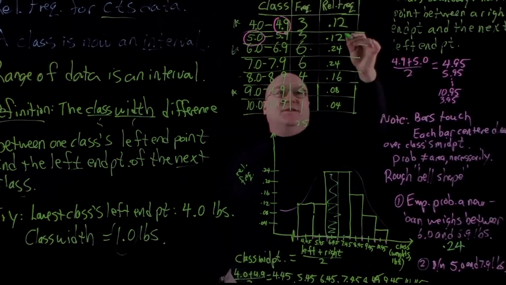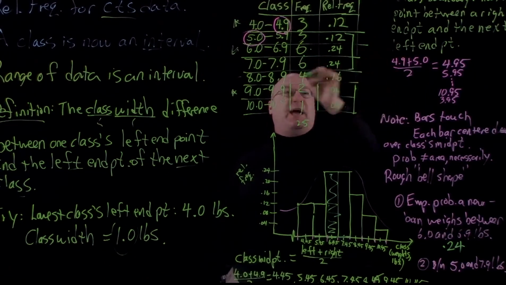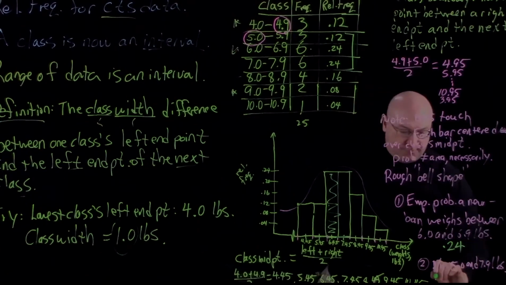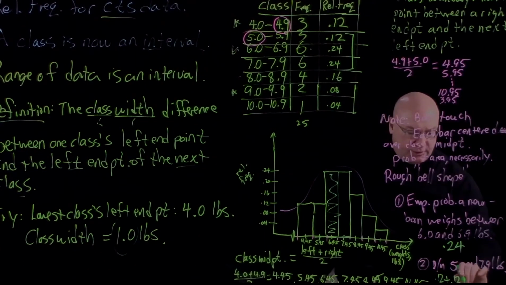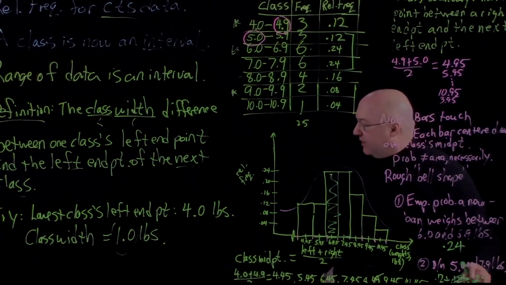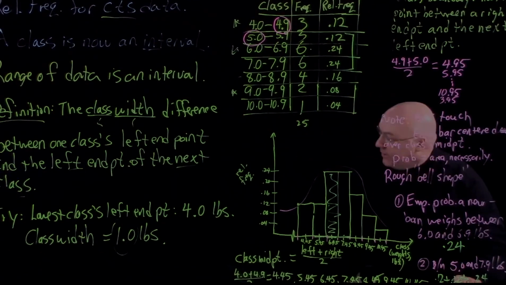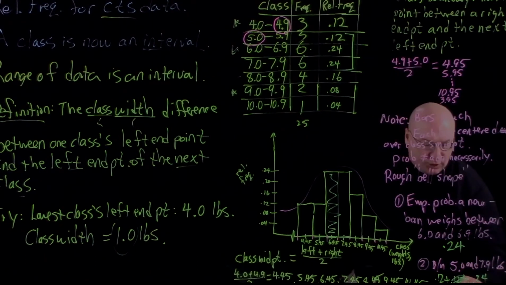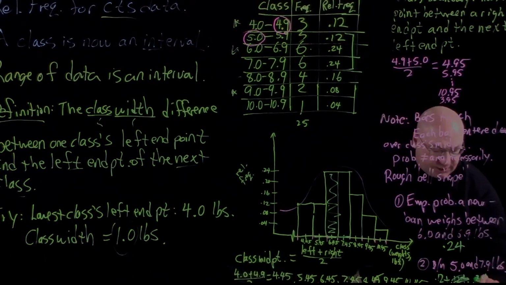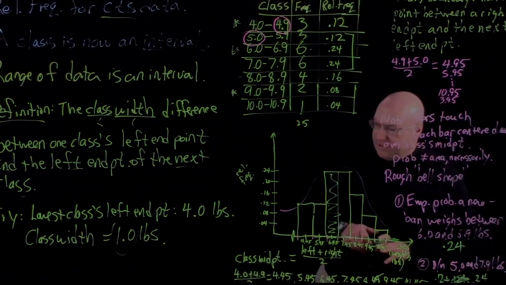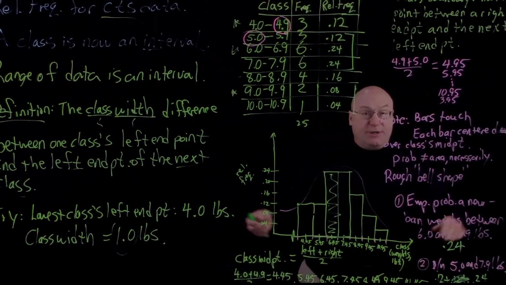If I add those up, I get 0.12 plus 0.24 plus 0.24. So the answer turns out to be 0.6, right? 60%. And I'm going to have to redraw my boundaries here so that I don't go off the screen. Somebody erased them all, but I hope that's good enough. We'll stop here.